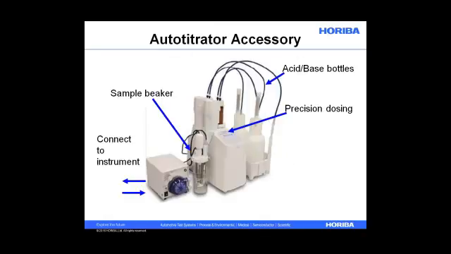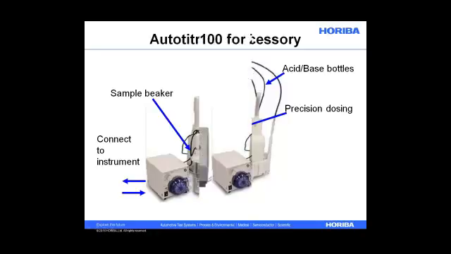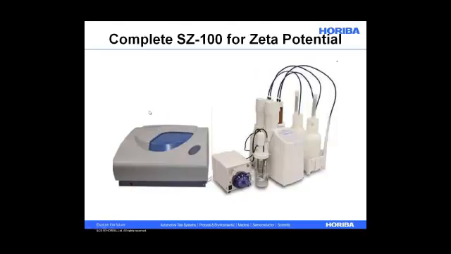Before we move on to the next step, I'll mention that you can make these measurements with an autotitrator assembly and have a system that automatically doses acid and bases to adjust pH, and then connect that to the SC100 instrument. So the overall system looks like this.